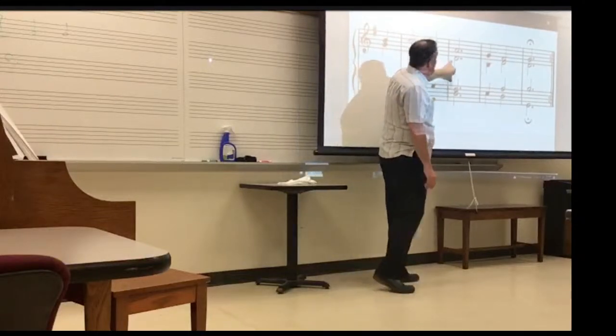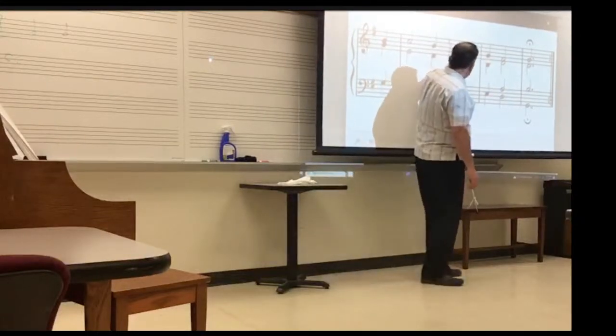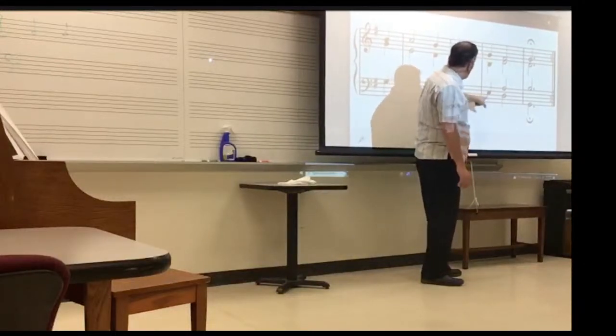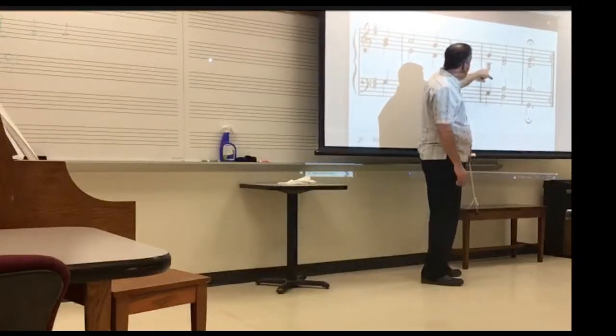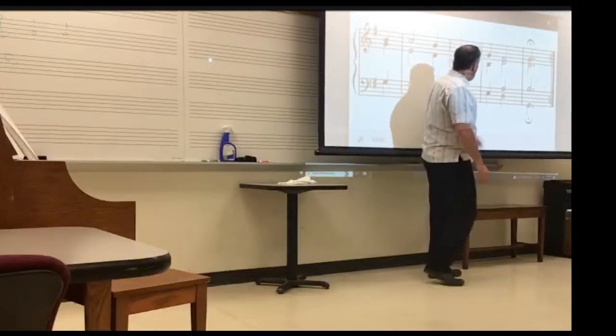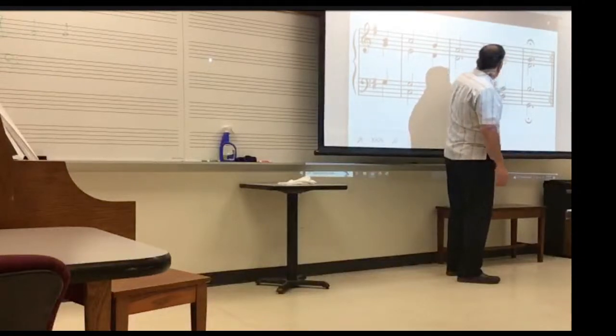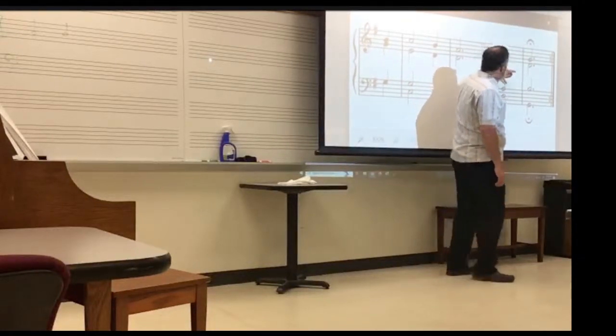Alto's moving down, tenor's moving down, but the tenor's moving by step and the alto's moving by skip. That's similar motion. Here they're both moving up, tenor leaping up to a fifth, alto only skipping, so that's also similar. And then we have oblique motion again.